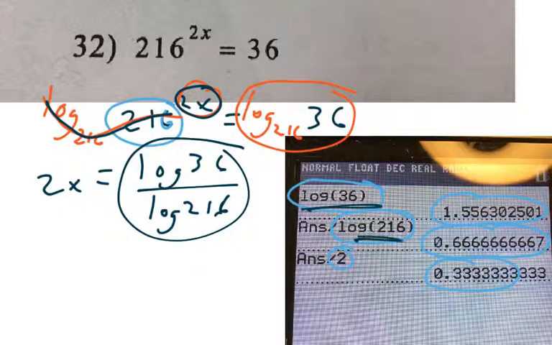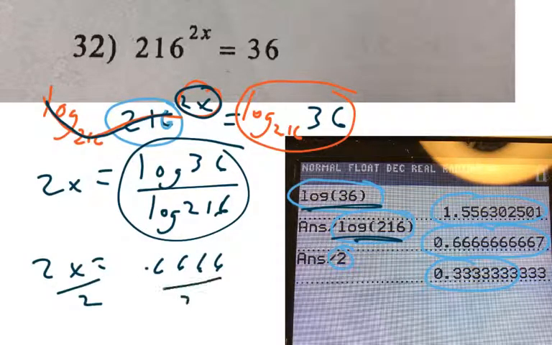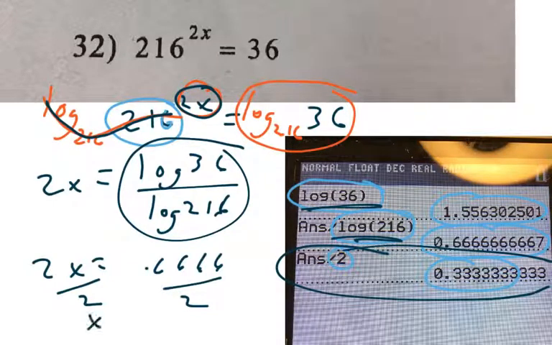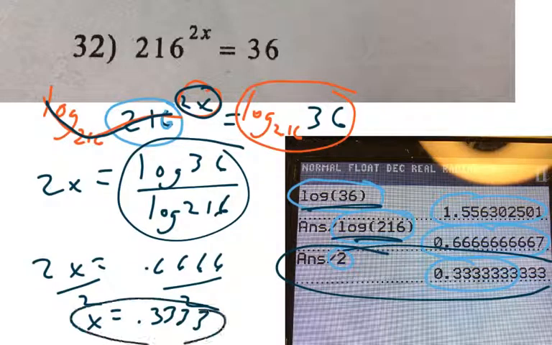And that's what I did on my calculator over here to the bottom right. And I end up getting 2x equal to 0.66666. And once I divided both sides by 2, which I did on my calculator right there, I know x is simply 0.3333, also known as 1/3. So pause the video if you need to.